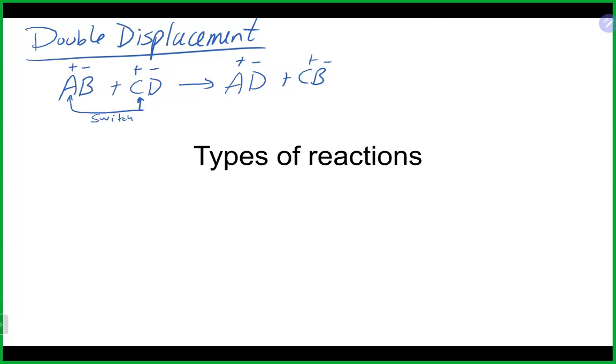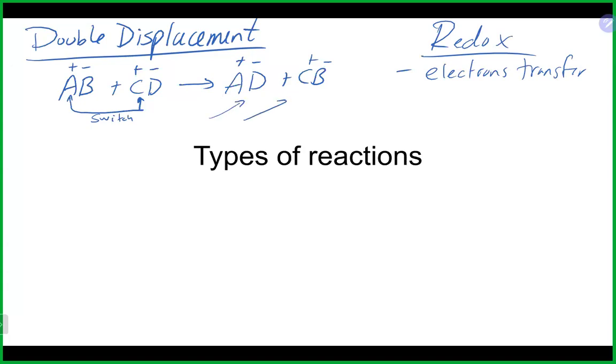The other big category of reactions is redox reactions. And redox reactions involve electrons being transferred. And really over here, when we do double displacement reactions, 1 of 2 things typically form. A solid or water is formed.